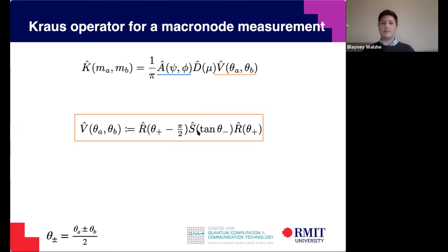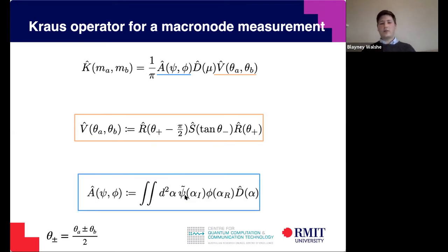That's been the basis of a lot of macronode based circuits, cluster states and measurement based quantum computation using them. So this V gate is pretty standard, but that's what it looks like, just to give you an idea. And again, it depends on the measurement angles, theta A and theta B.